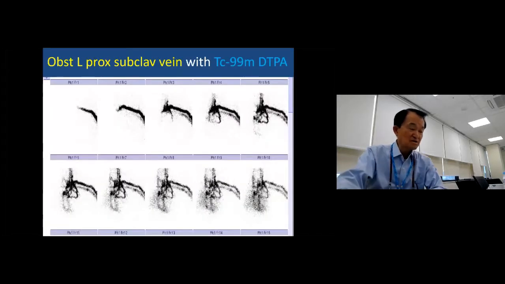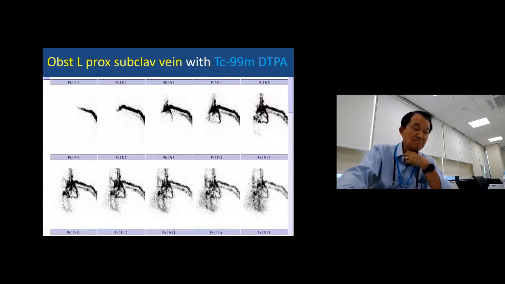In this nuclear venogram, we inject either MAA technetium or sulfur colloid. If you want to diagnose tumor emboli, MAA is better, but for the dynamics, sulfur colloid is easier because everything goes to the liver and spleen. Here, you inject into the antecubital vein.